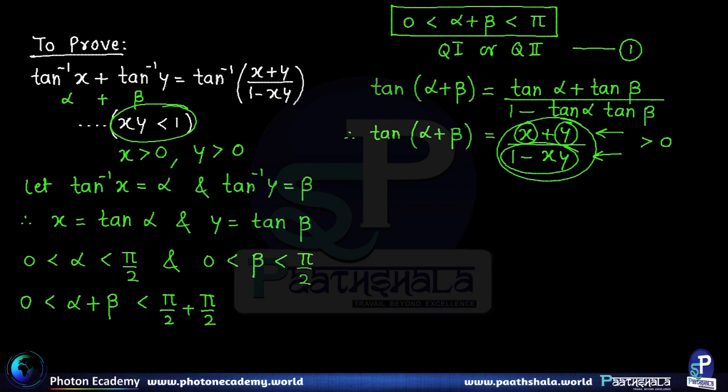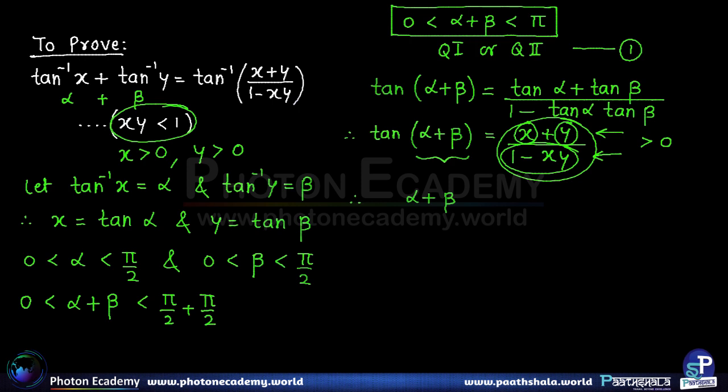So therefore if tan of alpha plus beta is a positive number, that means we can say that alpha plus beta must lie in the first quadrant, that is it must be lying between 0 to pi by 2. Correct? So now let us club the facts.